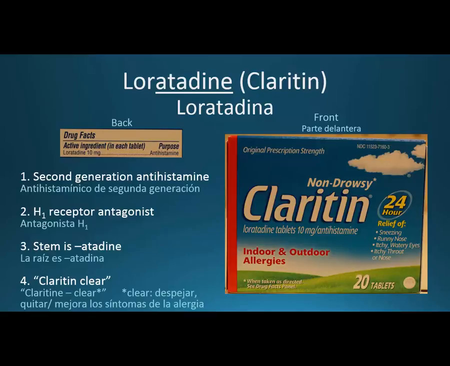Your instructions were clear. Your instructions were claro. But clear is despejar, quitar o mejora las síntomas de la alergia. So it's just basically saying what it's for. You're going to quit or get rid of or improve the symptoms of the allergy. Quitar, mejorar los síntomas de la alergia.